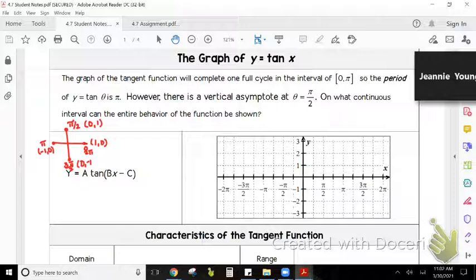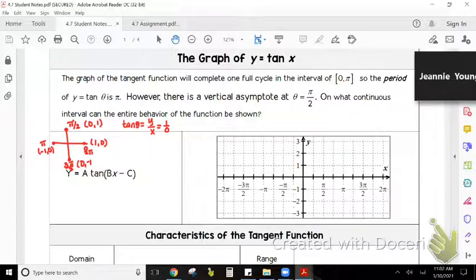Now, it does tell us that tangent has a vertical asymptote at pi over 2. Well, that's going to be because, remember, what is tangent in terms of x, y, and r? Y over x. And so if we take the y over x at pi over 2, we get 1 over 0, which is undefined, isn't it? So therefore, we're going to center our graph in between our vertical asymptotes.